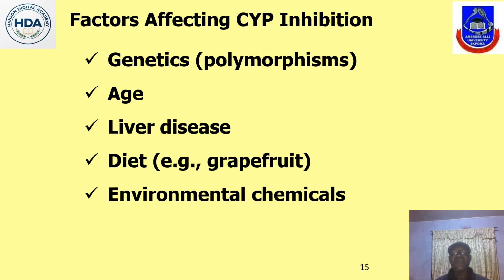We have genetic polymorphism, age, liver disease, diets, and environmental chemicals. These are factors that can affect cytochrome P450 enzyme inhibition.